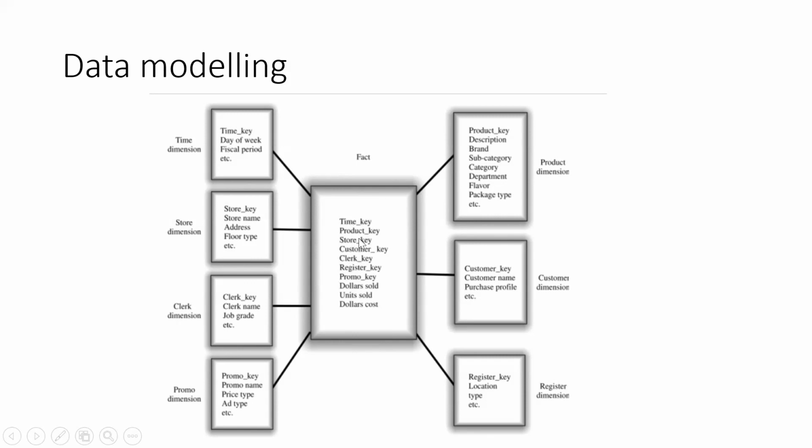So if we need to know the product name, we need to join the fact table with the product table based on the product key, and fetch the particular product name for this particular transaction. This is similar for customer key, customer table, time dimension table, store dimension table, clerk dimension, promo dimension, register dimension. Lots of dimensions are surrounding this fact table.